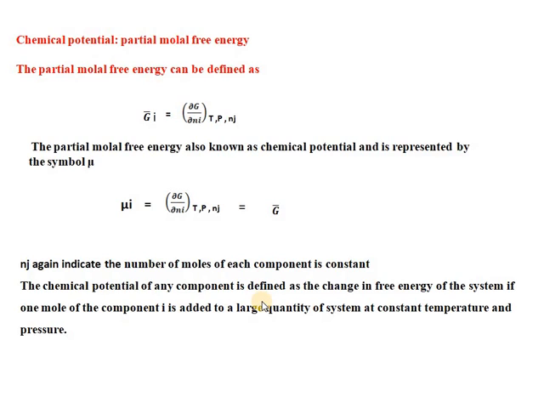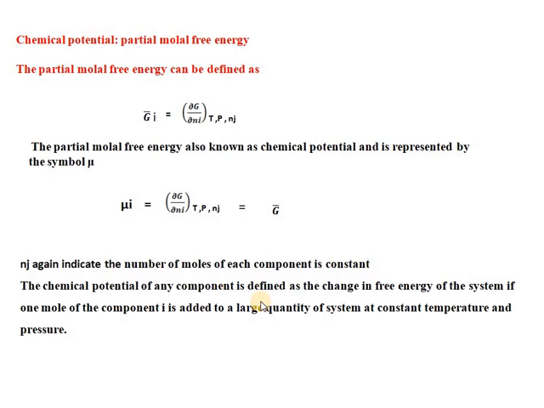But chemical potential is the derivative of an extensive property, and therefore it is an intensive property like temperature and pressure. The chemical potential is independent of the size of the system.